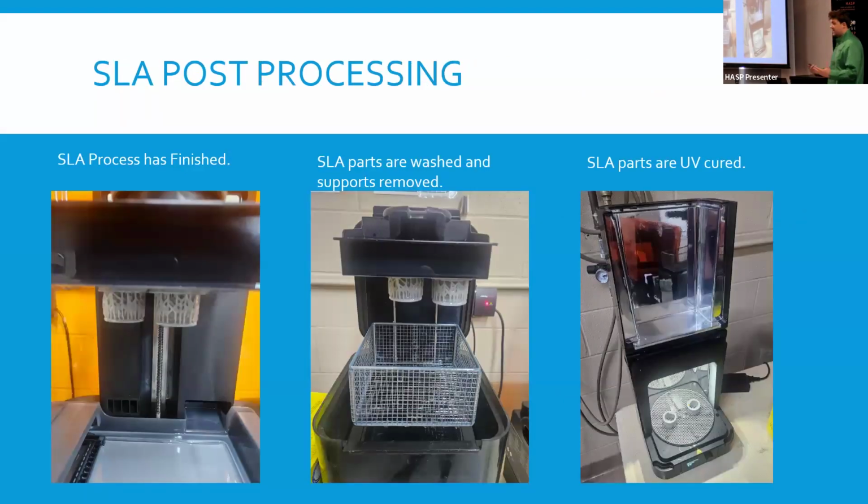So, SLA and DLP post-processing. Right here is the SLA process finished. Basically, you were dunking your part the entire time. As you can see, supports are needed in SLA. They're branching supports. Essentially, it's a line that comes up, branches over, and touches the part in a certain location to hold it up.